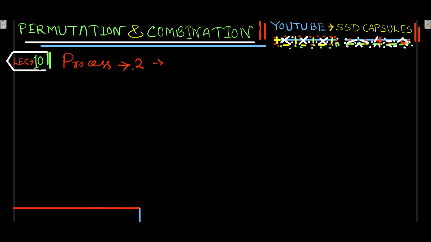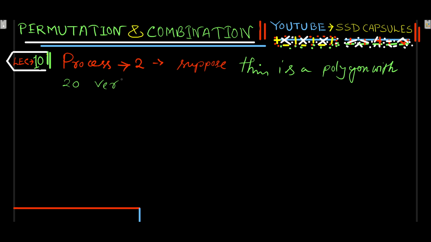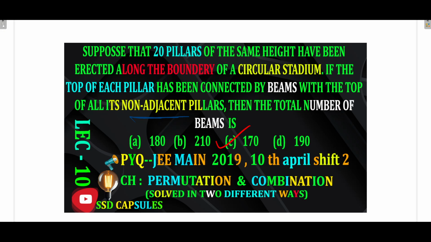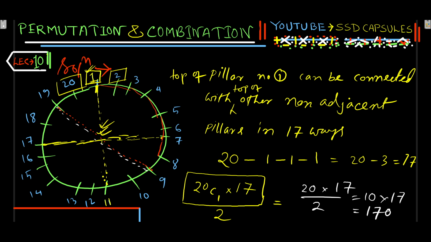Suppose this is a polygon with 20 vertices. Now we know that to get a diagonal of a polygon, we have to join the alternative vertices, right?